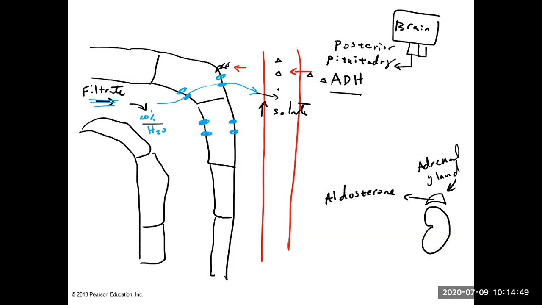All right, so the more ADH you have, the more of these water channels or aquaporins, and the more absorption of the water you're going to get. So you can maybe not memorize, but look at it. When you are dehydrated, during dehydration, your brain has a thirst center that gets activated. There are a lot of signals going on, and finally the pituitary gland, the posterior pituitary, releases ADH.